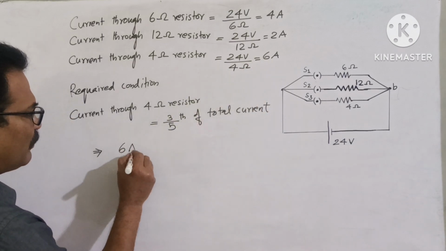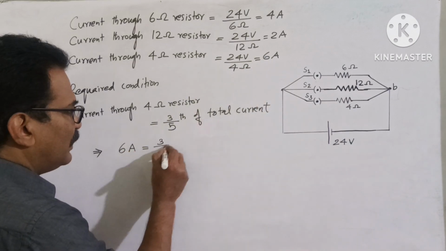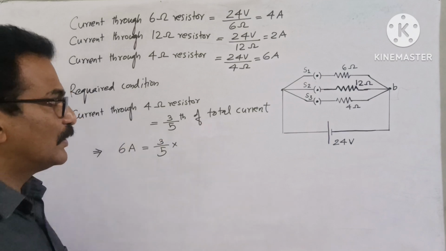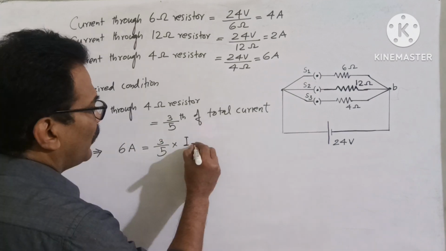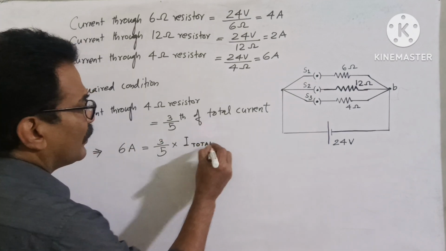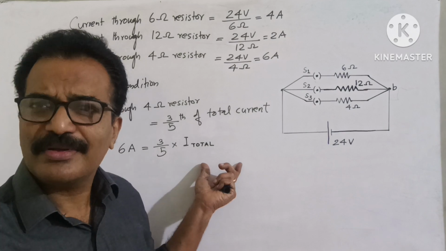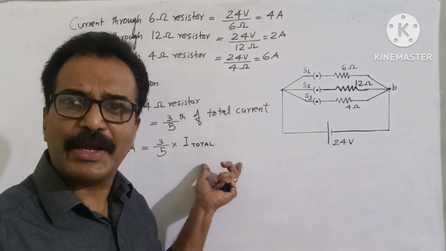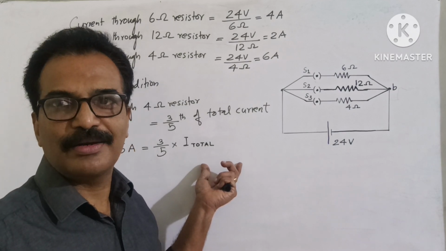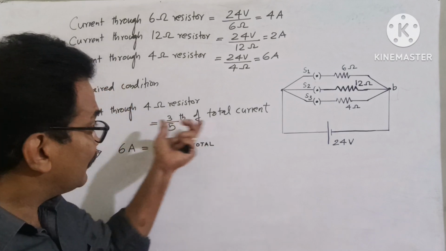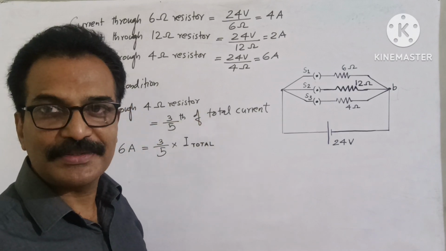So 6 ampere must be equal to 3/5 of the total current, the total current required to be drawn from the cell so that this condition can be satisfied.